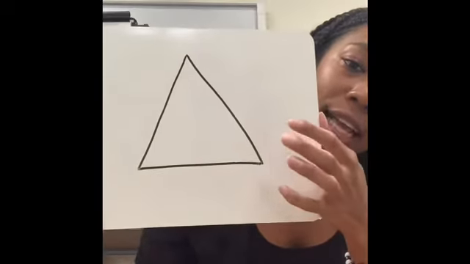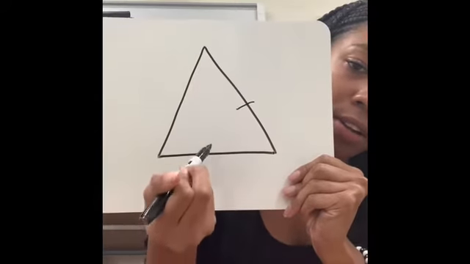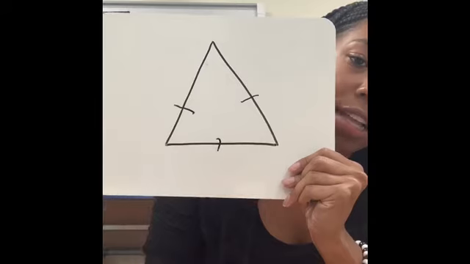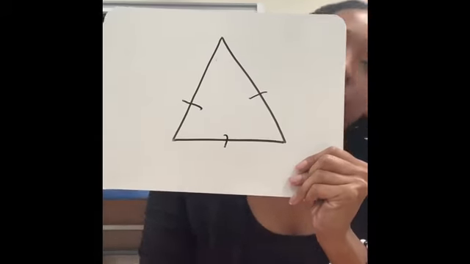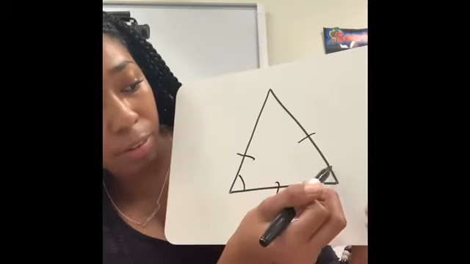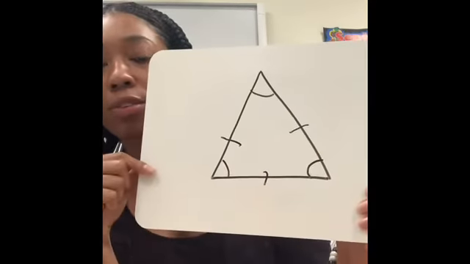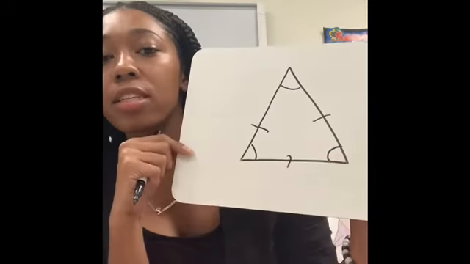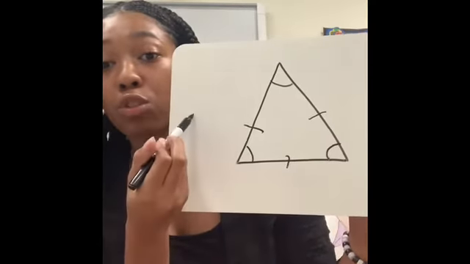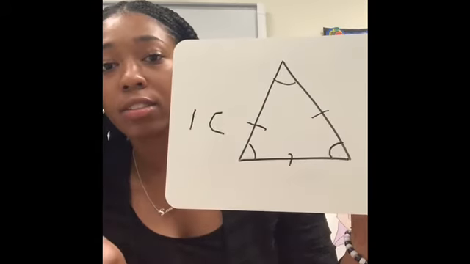How many sides does this shape have? Remember, sides are right here. How many sides do we see? Once you count that, I want you to count how many corners. Remember, this is a corner. How many corners do we have? And next, does this shape have straight lines or curved lines?